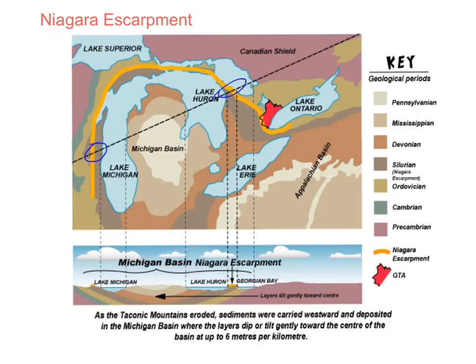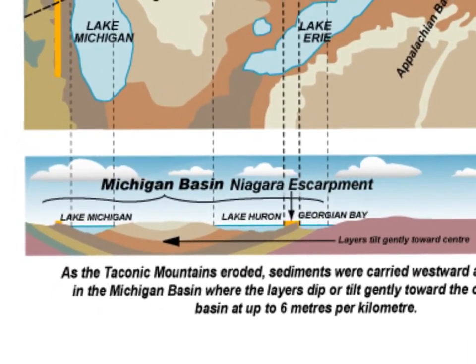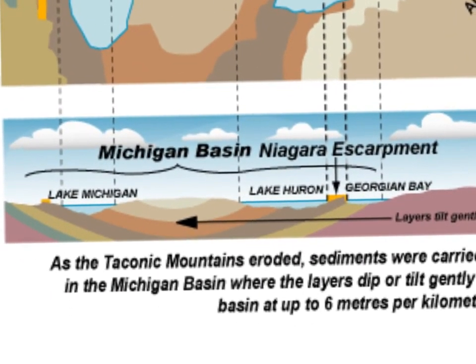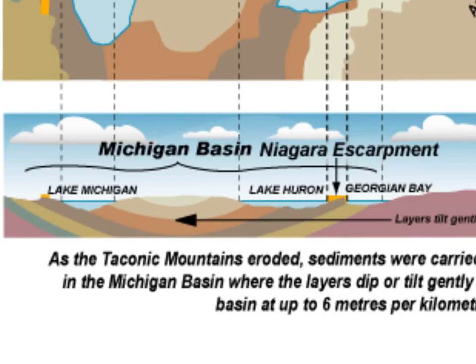So if you extend the cross section down right here, you will see that this is the Niagara Escarpment. Also, way over here on the western side of the Michigan Basin. So if we zoom in on this cross section, you can see that the Michigan Basin is made up of different sedimentary layers of rock that are in a bowl shape.